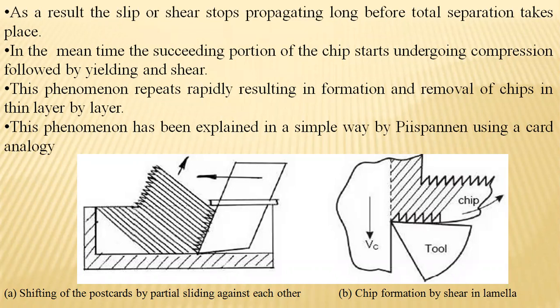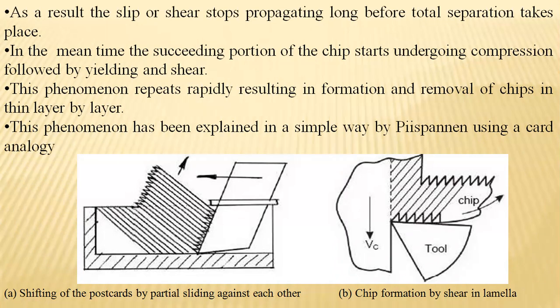So in the form of small slices up to a particular distance, one slice will be elevated, and next it slides further, in the form of slices. This is the result of a slip or shear, succeeding the compression, followed by yielding and shearing.